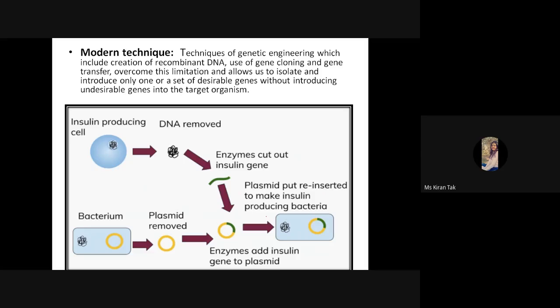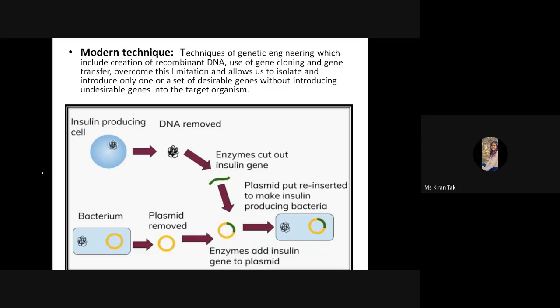So in the modern technique, what we have done is, first we isolate our desired gene, and using various techniques like gene cloning and gene transfer, we overcome the limitation of traditional hybridization. Then we introduce this gene into the host organism, where it can clone and give the desired product.